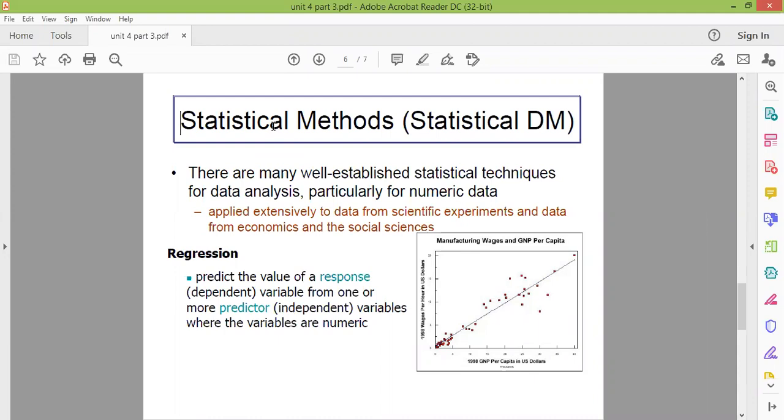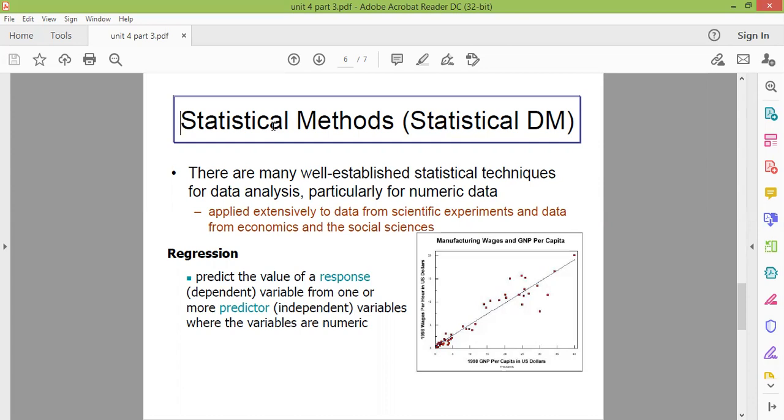It is applied extensively to data from scientific experiments and data from economics and social sciences, because in all these applications, like economics and social sciences, we generally have numeric data. So if you have a collection of numeric data, then statistical techniques are a good example for that.